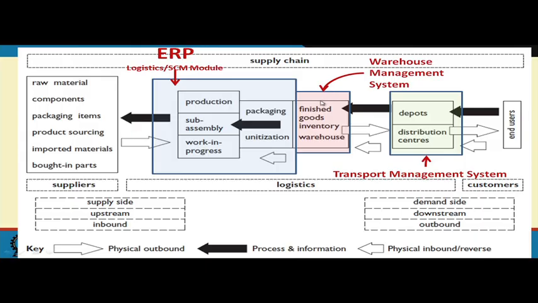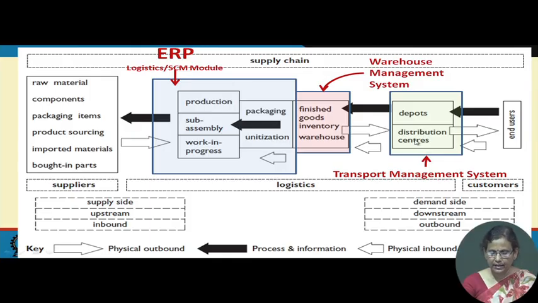Though they are independent, both these systems get the data from the ERP system and they send some data to the ERP system as well. So, as shown, data about both material as well as the related information flows in this system.